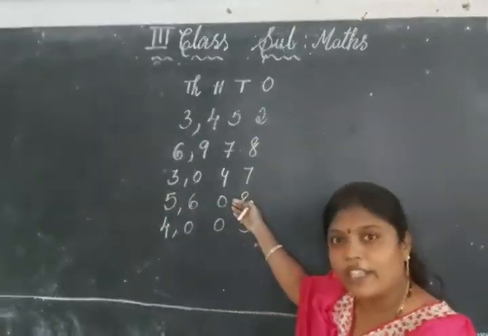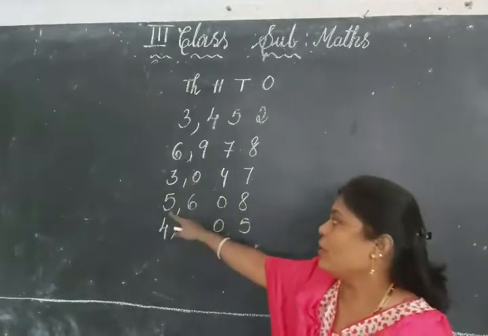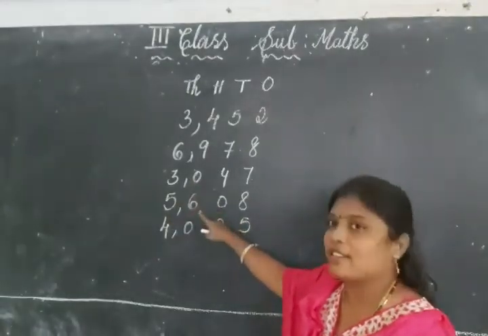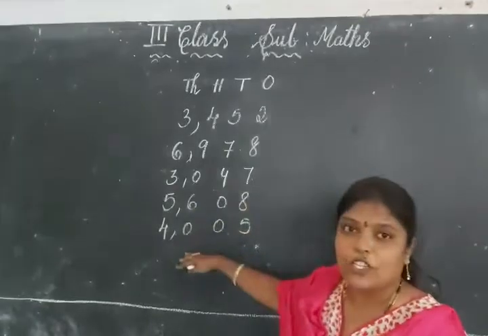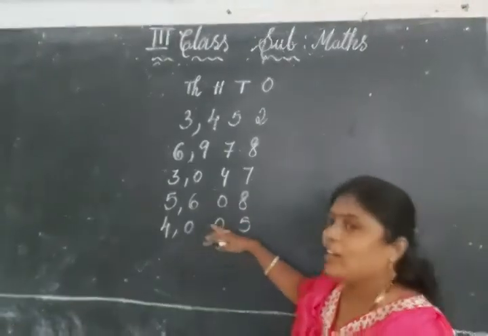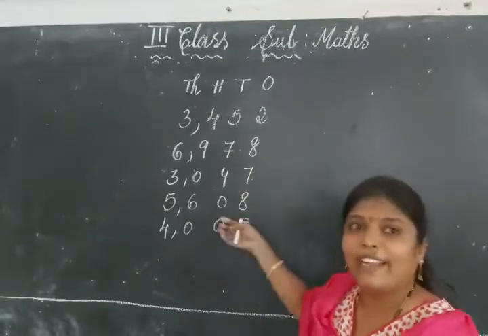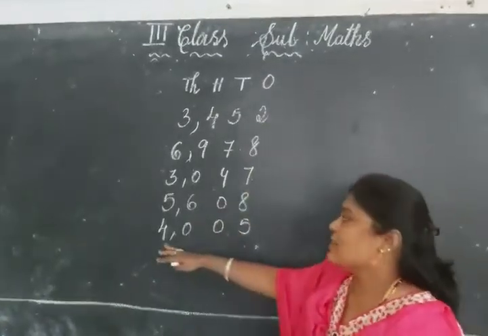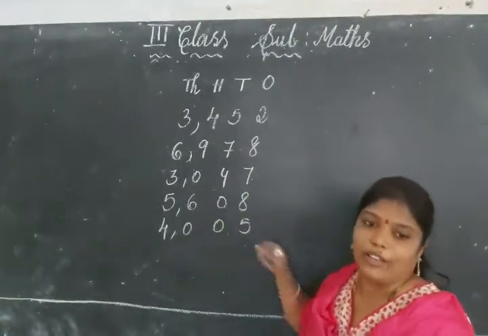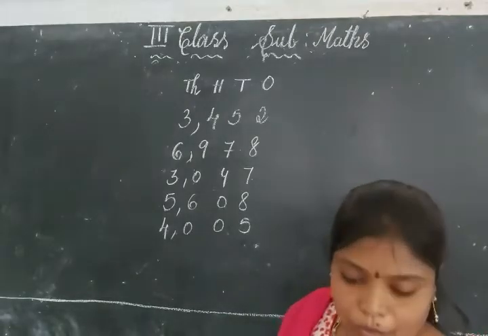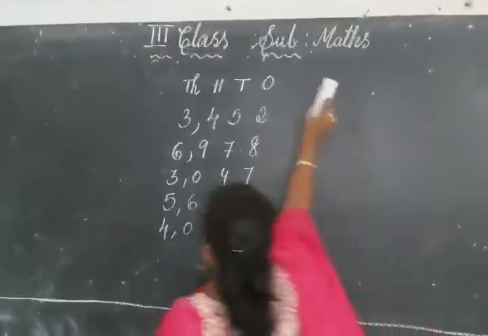Here there are no tens place number. So read the number as 5608. See children, here there are two zeros. In the sense, there are no hundreds and tens place number. That is 4005.